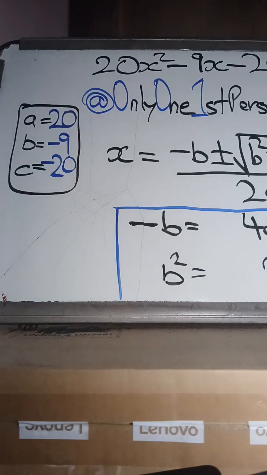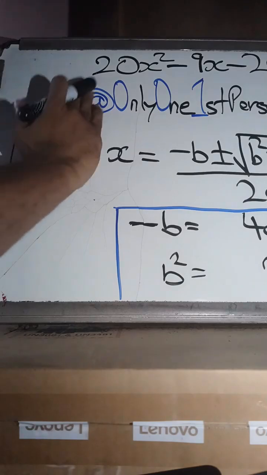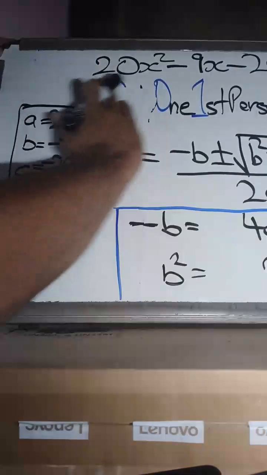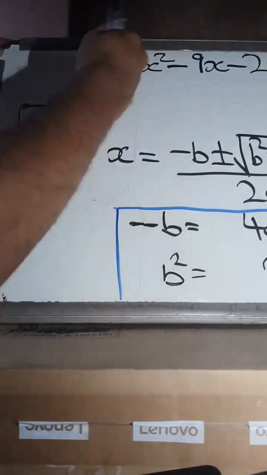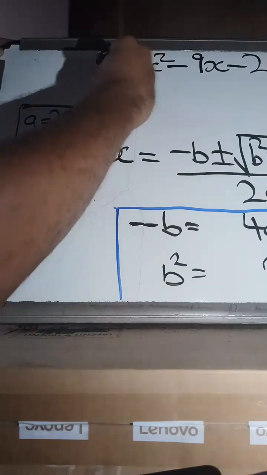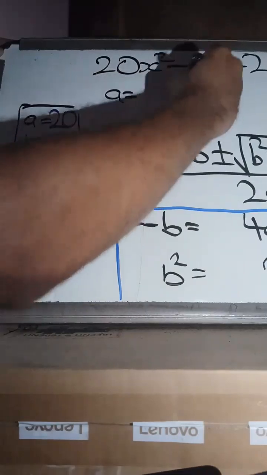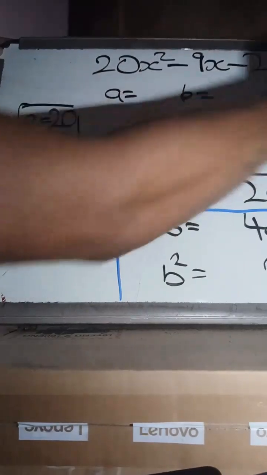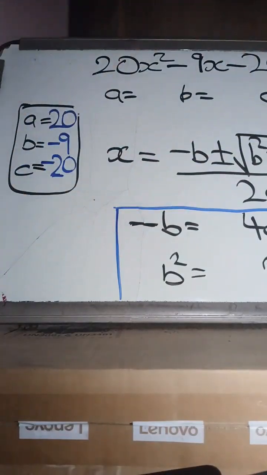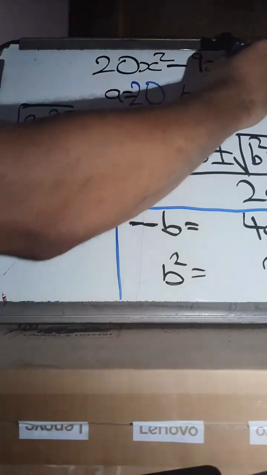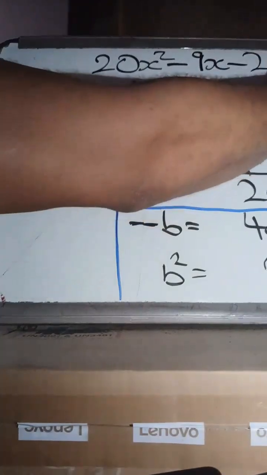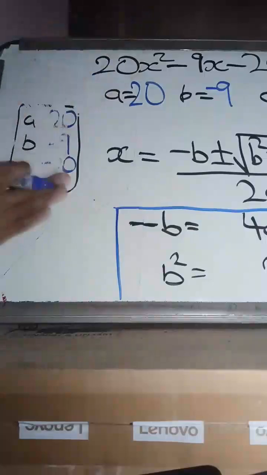Right? So that's what we need. But you know what? Since I already did this, get rid of that part right here, and we can put them here. Because typically that's what you're going to do anyway, right? So A is 20, B is minus 9, C is minus 20.